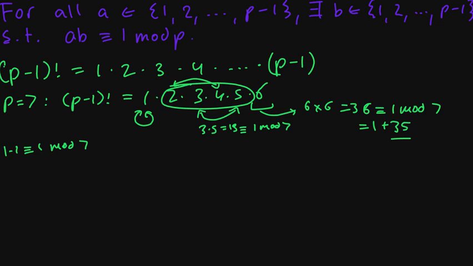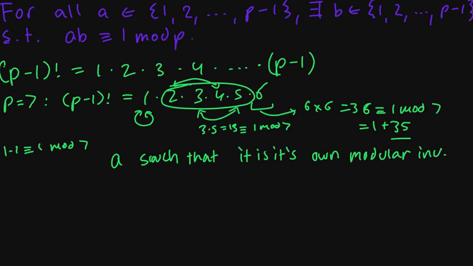The reason for this is because let's say that we have a number a such that it is its own modular inverse. Then we have that a squared is congruent to 1 mod p. In other words, a minus 1 times a plus 1 is congruent to 0 mod p.